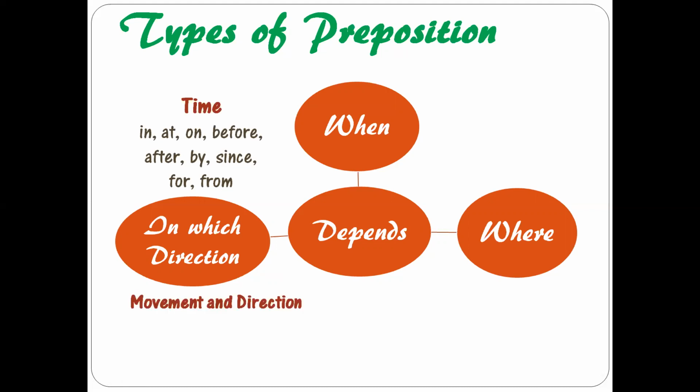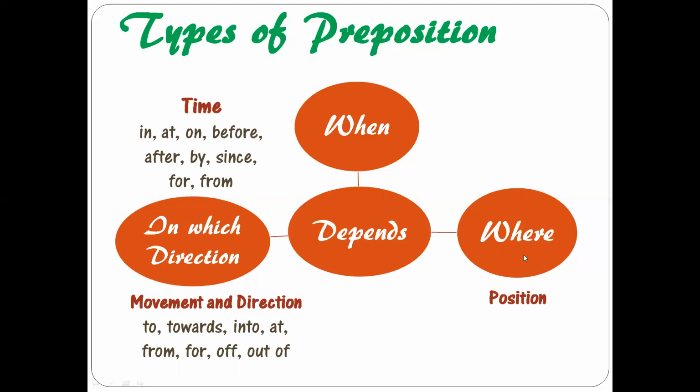Then the preposition of movement and direction. It depicts in which direction. So we have prepositions like to, towards, into, at, from, etc., which talk about movement and direction. And we have another category, that is the preposition of position, which tells us about where.